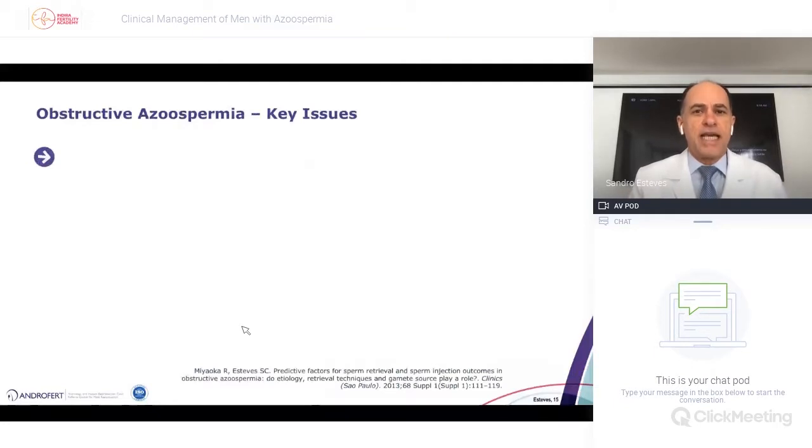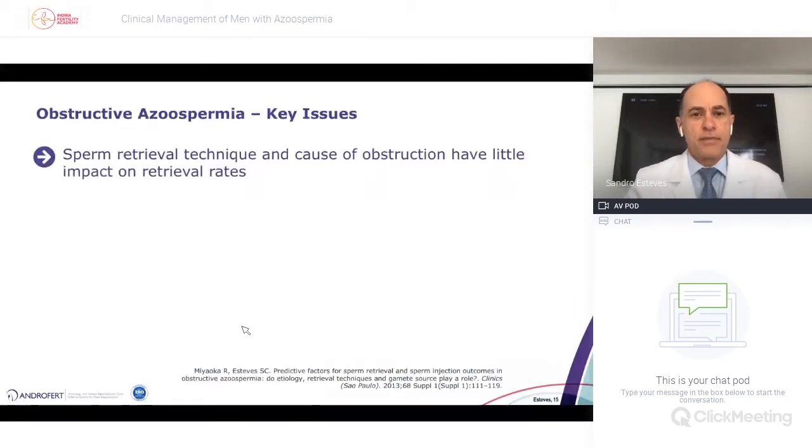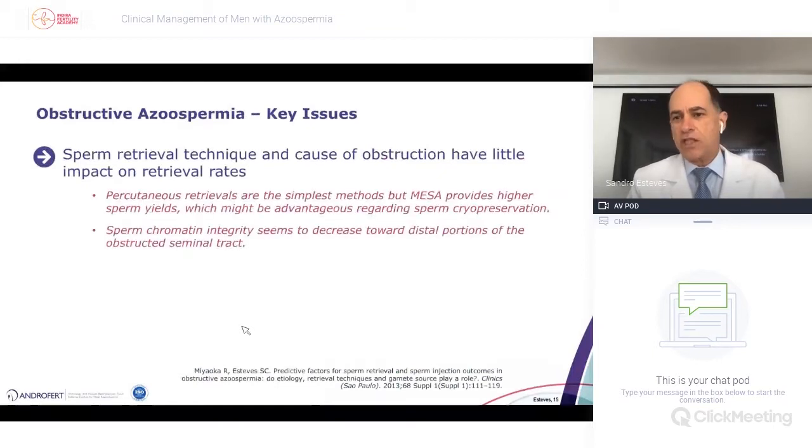Concerning obstructive azoospermia, the key issue is that the sperm retrieval technique and the etiology of obstruction have little impact on retrieval rates. So you can use the percutaneous retrievals, which are the simplest methods, but MESA provides higher sperm yields, which might be advantageous regarding sperm cryopreservation, as I explained previously.